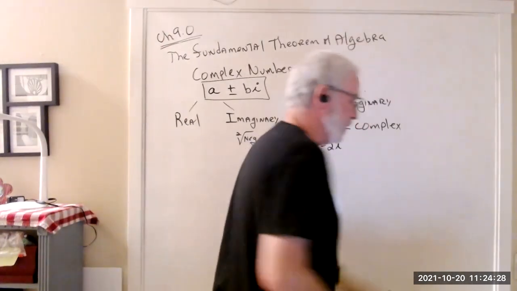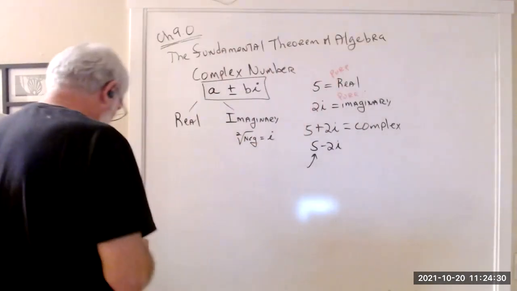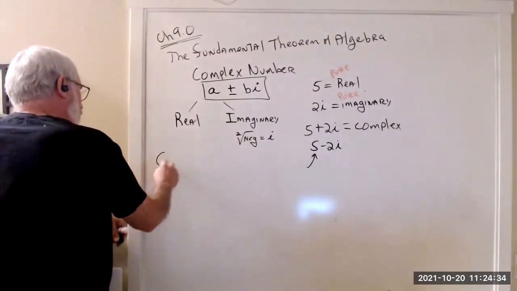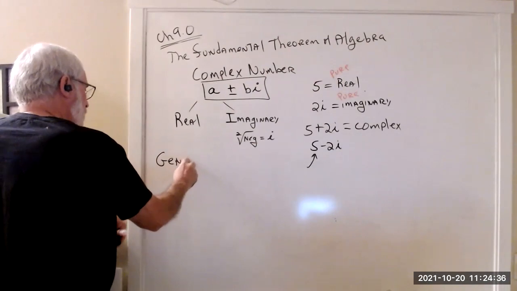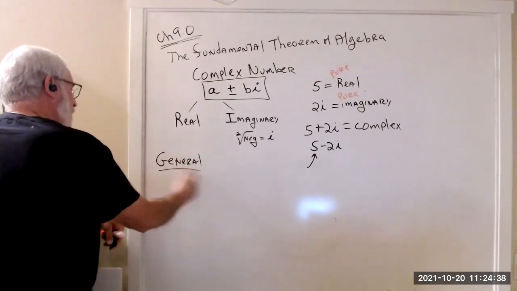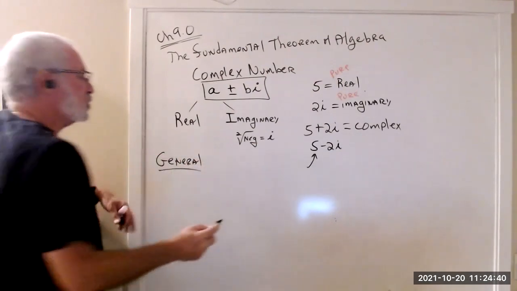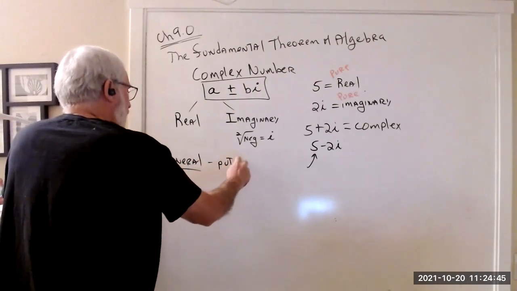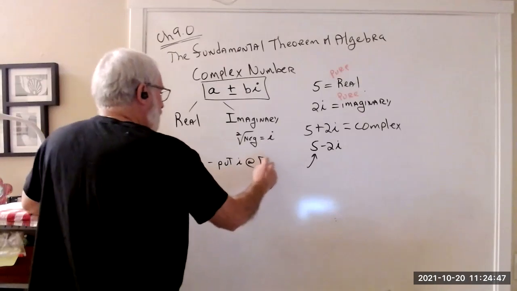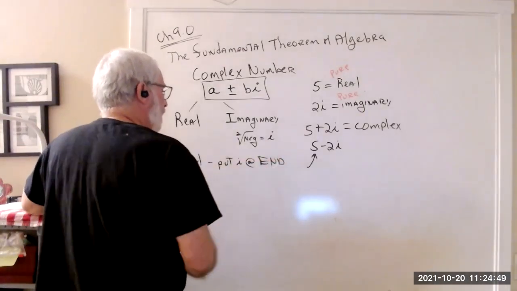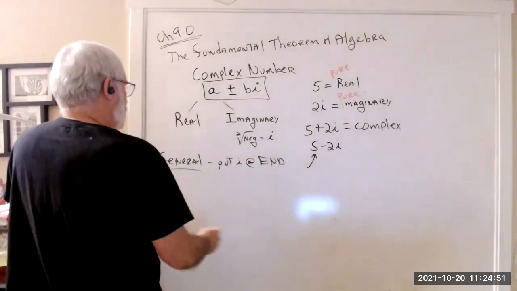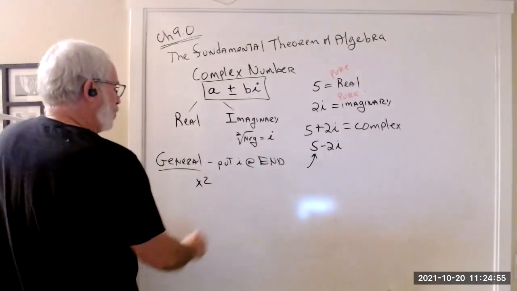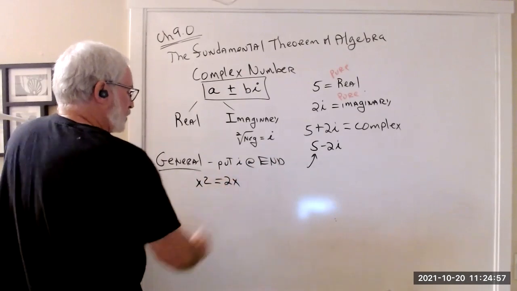There's a really important idea. In general, tradition says put i at the end of a number. Think about this: we wouldn't write x2, we would write 2x.